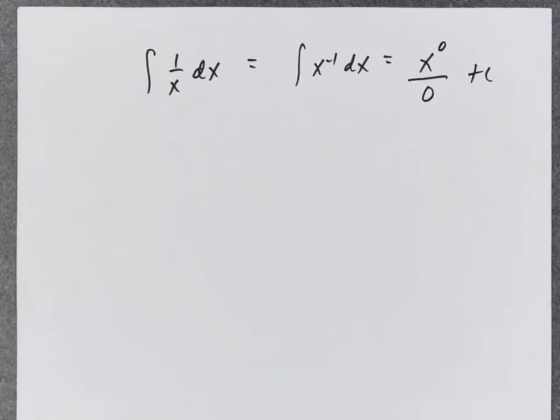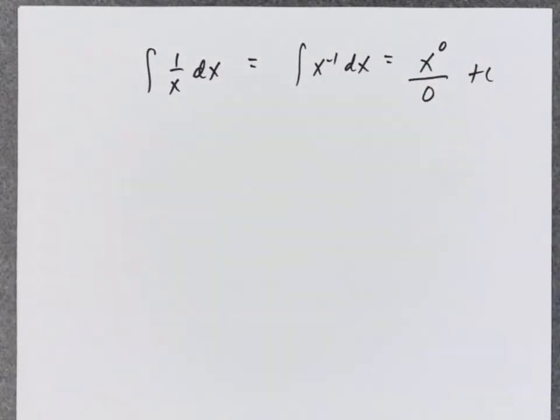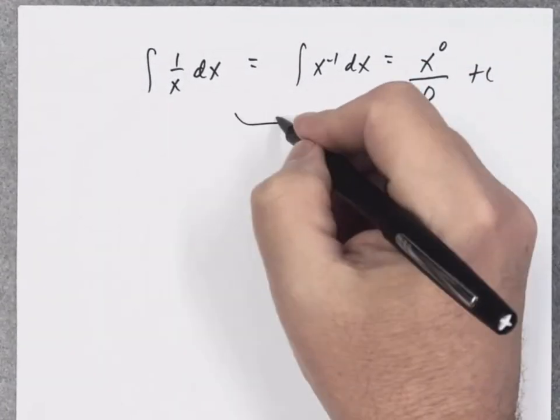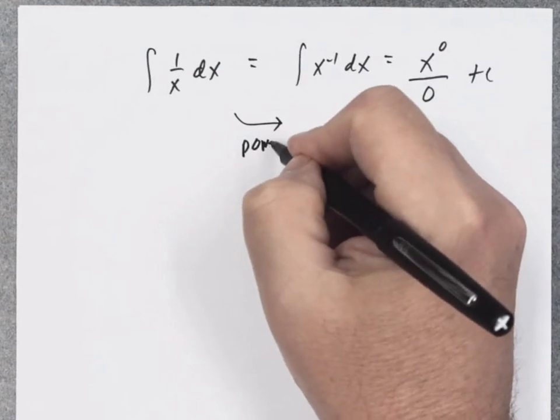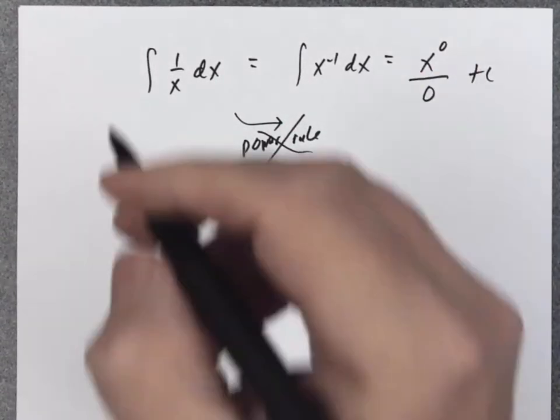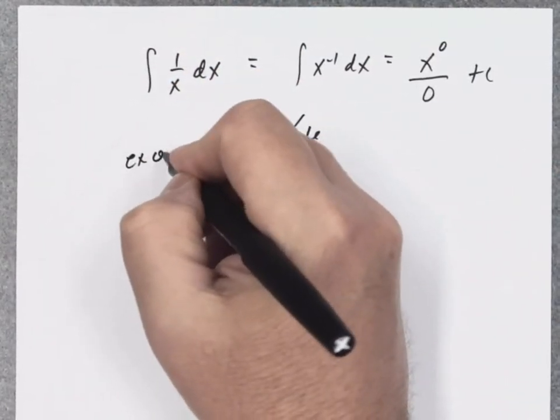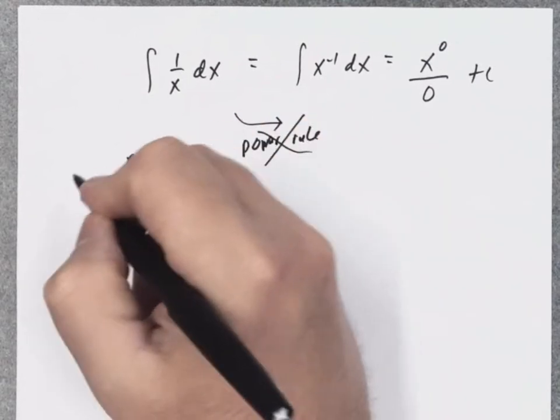And then right away, I'm sort of saying, this is a problem. Why is it a problem? Because in math, we can never divide by 0. So it's like, well, I guess we can't do this. I will say it's true, you cannot use the power rule. This is like the exception to the power rule, the one exception.